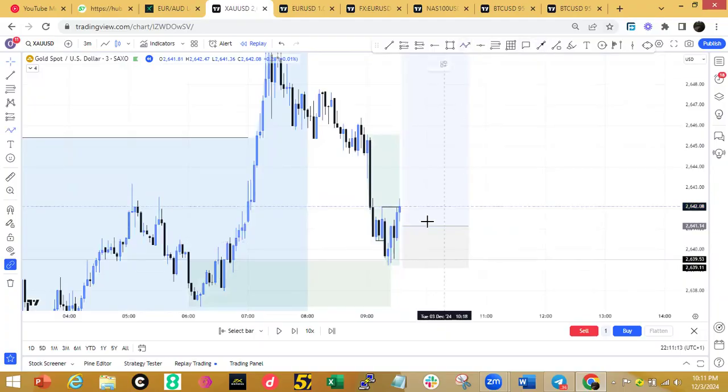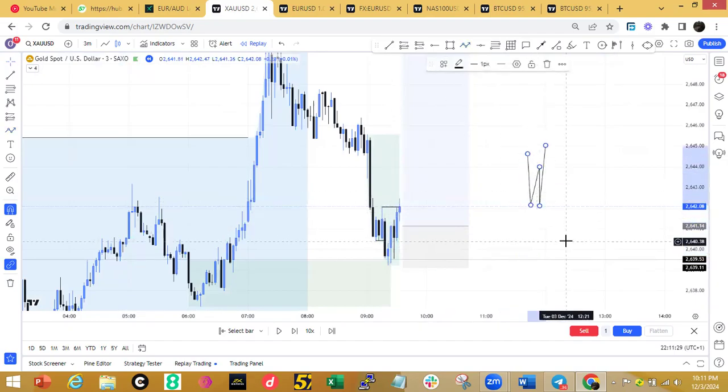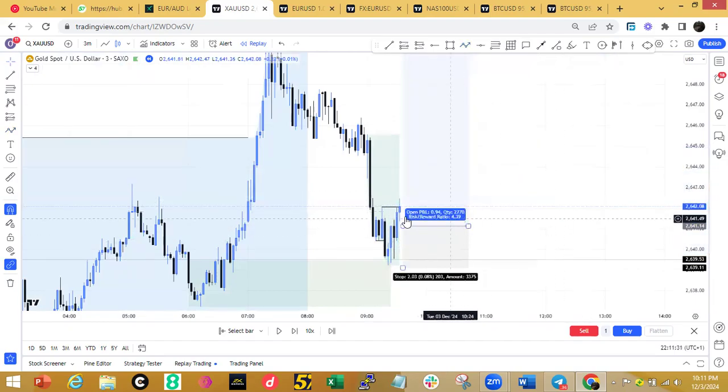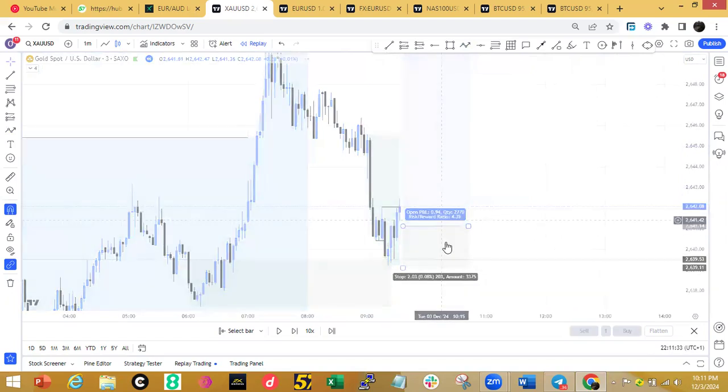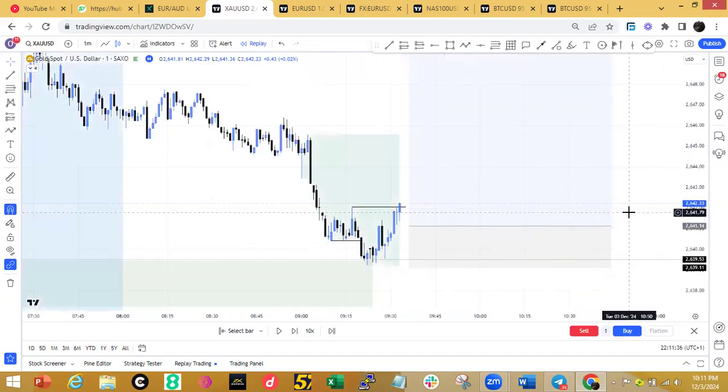Because this is what we are having: buy, sell, buy. So already this close on M1 has shown me that I am ready to buy. The big boys are stepping in.